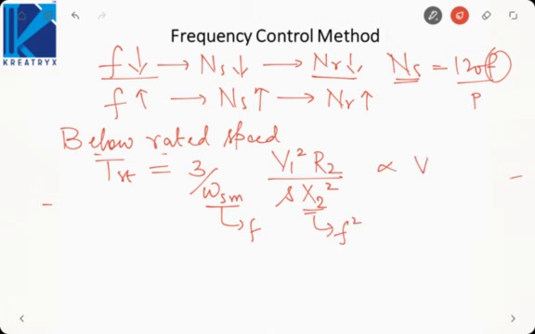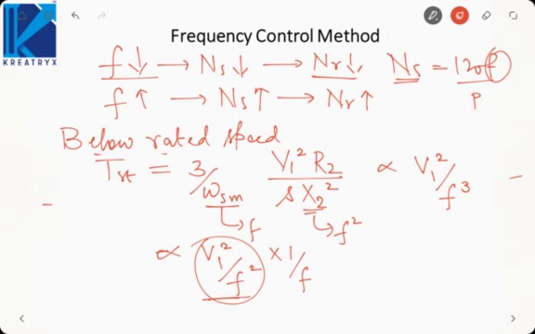So it is proportional to V1 square by F cube. It can be written as proportional to V1 square by F square into 1 by F. Since V by F is constant, V1 square by F square is constant, so it is proportional to 1 by frequency. As frequency increases, starting torque reduces, or as frequency reduces, starting torque increases.